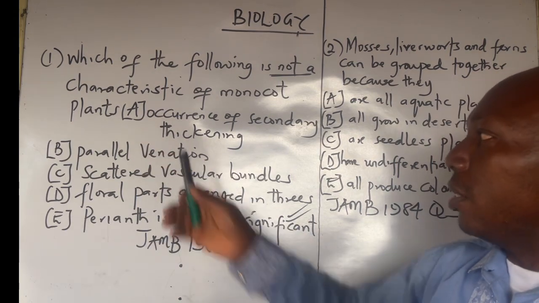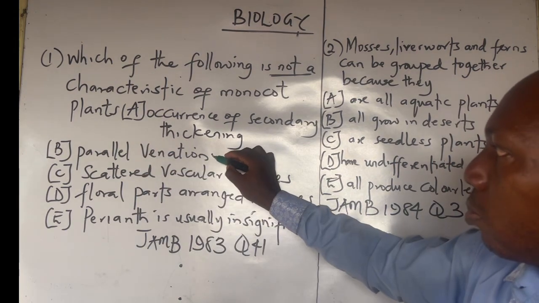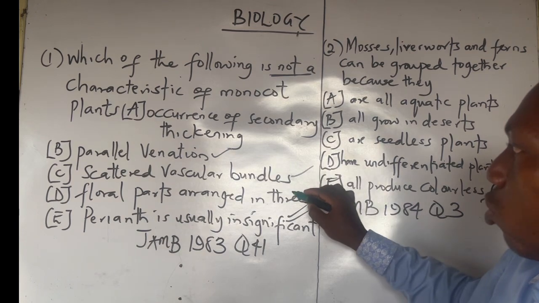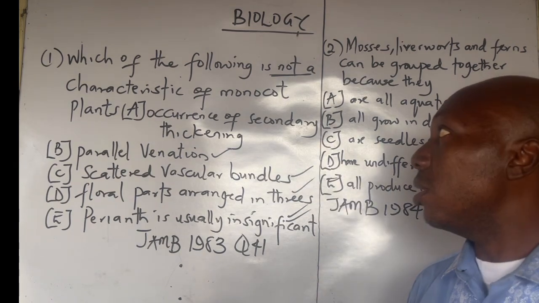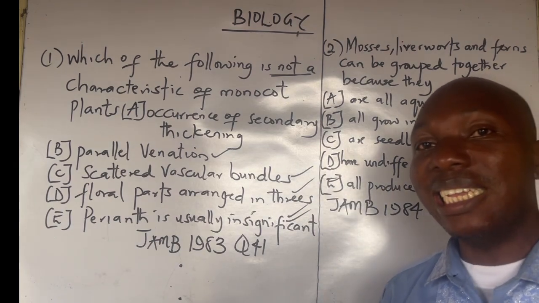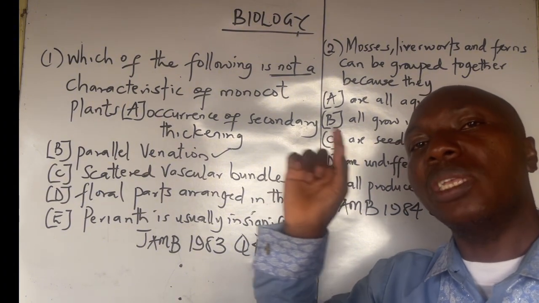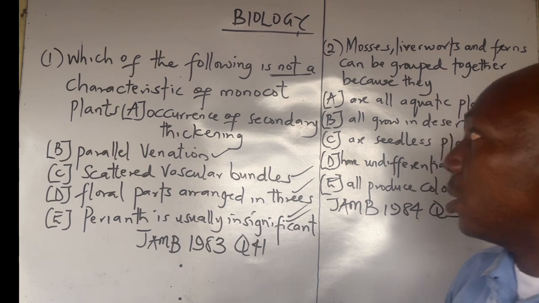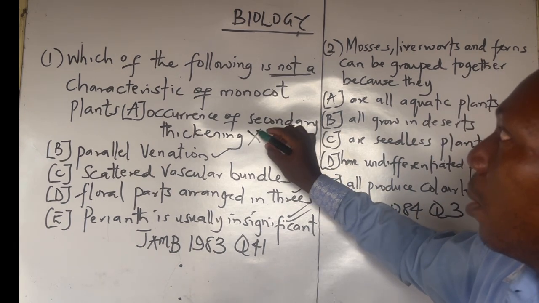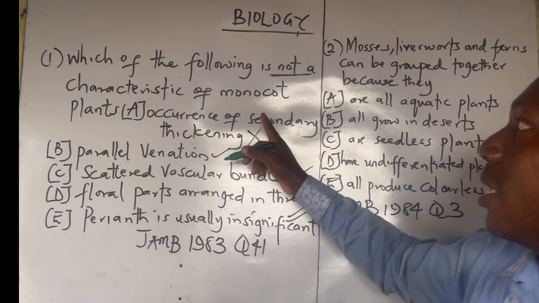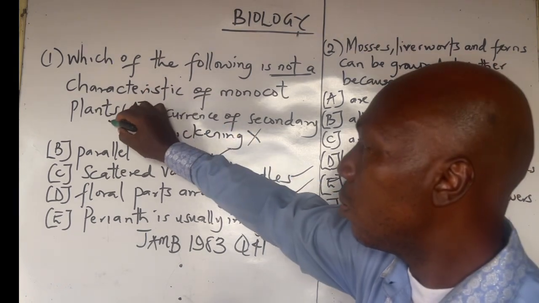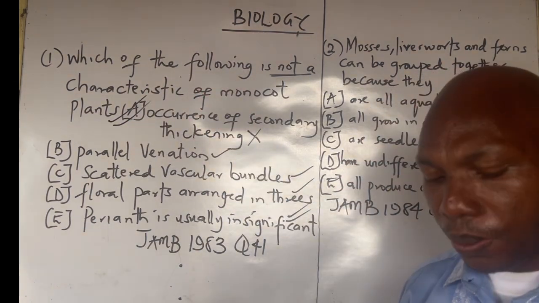This is true, this is true, and the last one, occurrence of secondary thickening, is found in dicotyledonous plants. So this makes the option that is not a characteristic of monocot plants to be option A.